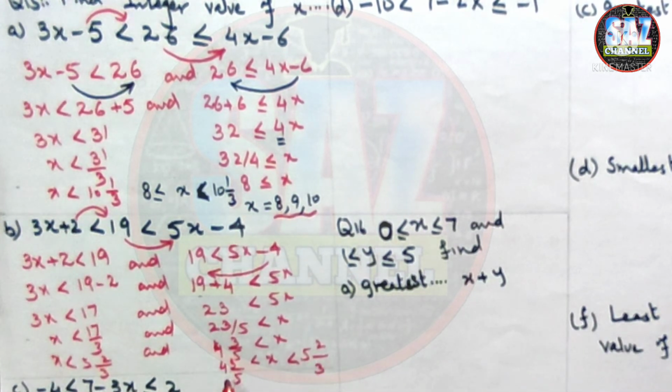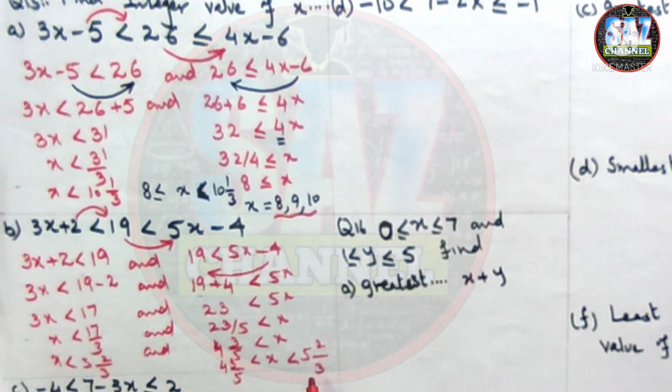So you can see 3 by 5 is 0.6, 3 divided by 5 is 0.6, so it means we need the values of x which are more than 4.6 but less than 5 whole 2 by 3.